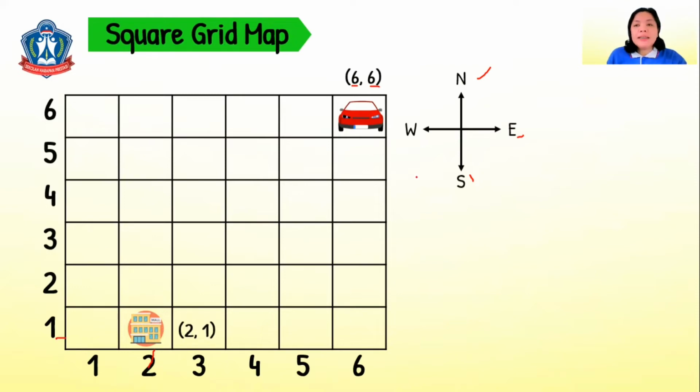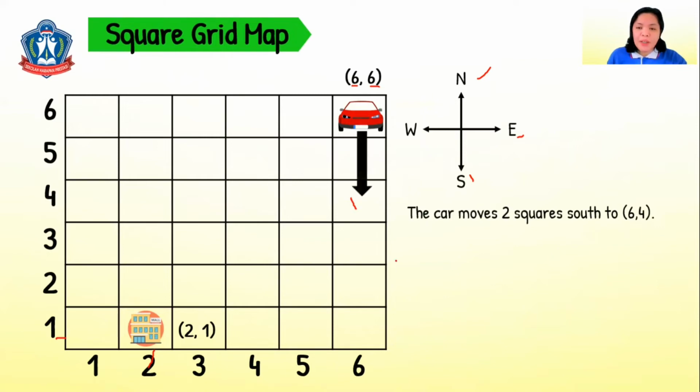Now, let's describe the route of the car as it goes to the mall. Take a look first. A. The car moves 2 squares south to 6-4. Where is 6-4? 6-4 is here. So the car will move here, going to the south. Next.